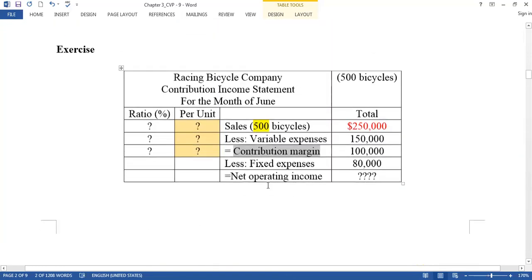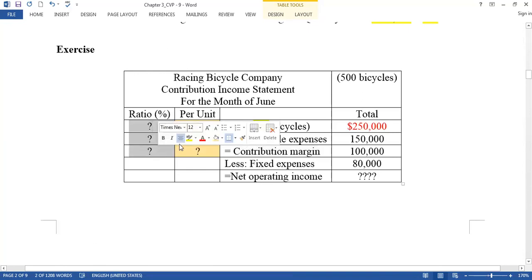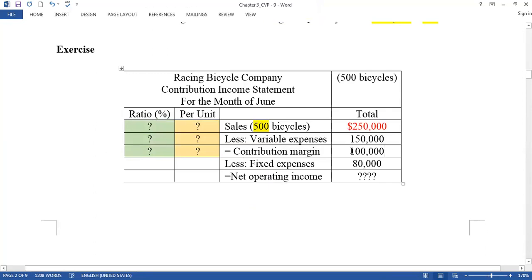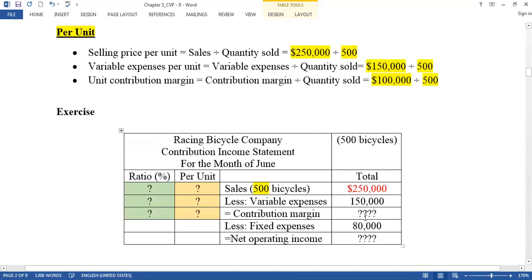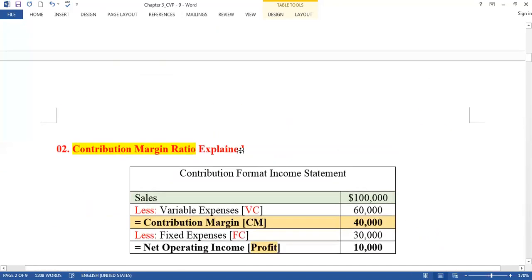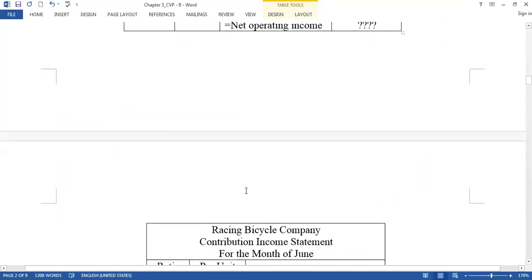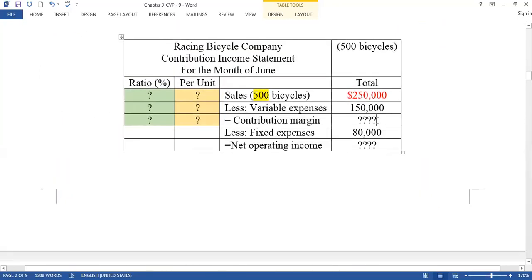Now, if you understand this calculation, here I repeat again, this is your question maybe. Based on the previous explanation, we can easily calculate contribution margin, right? Sales minus variable cost equals contribution margin.